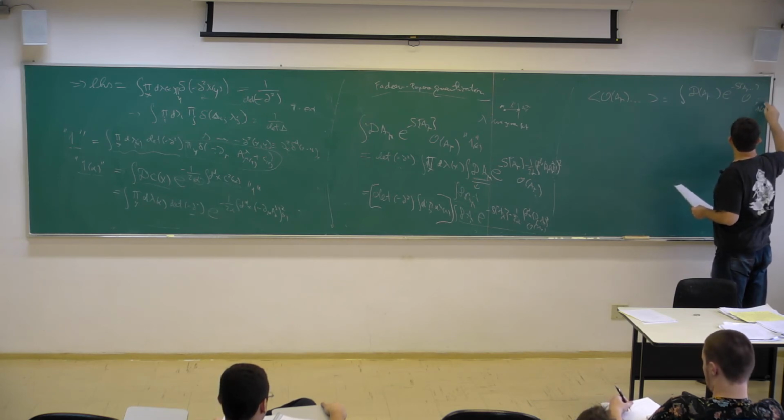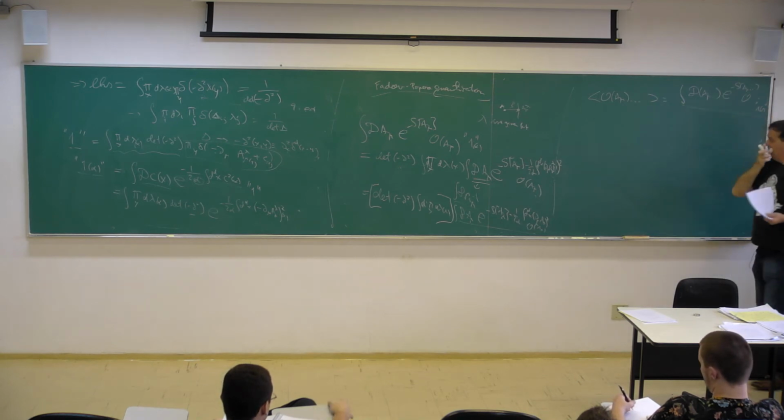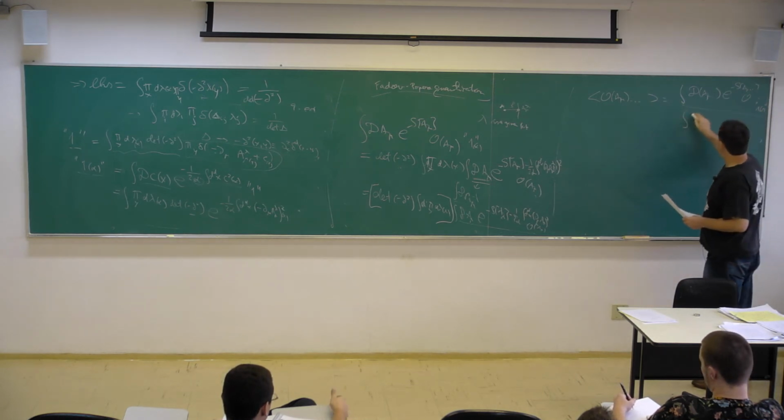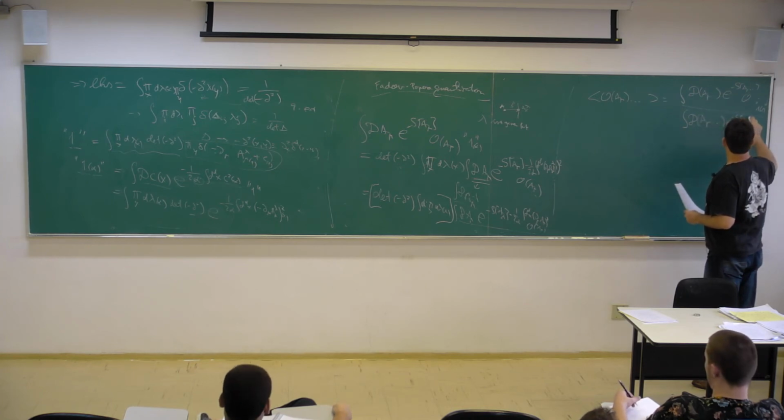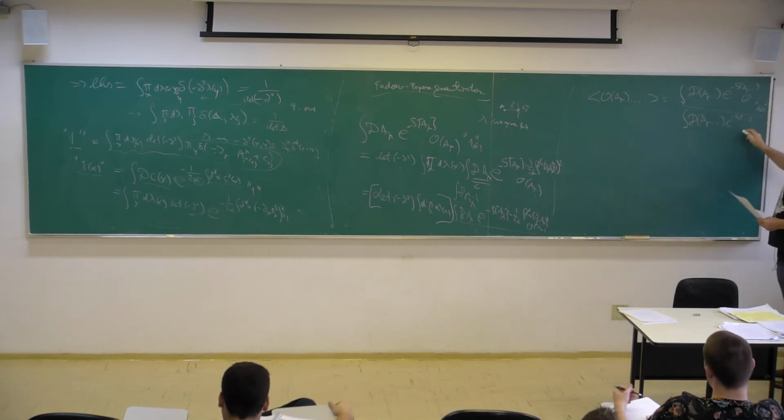And then I can add for free also this 1 of alpha, because that's a constant. And then this is the ratio with the thing without the operator, right?